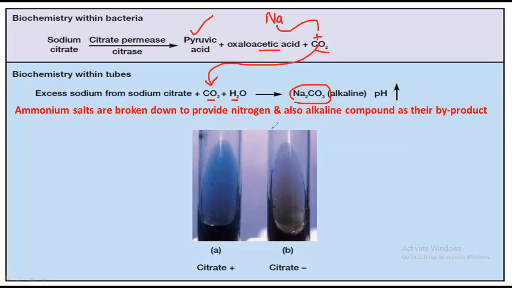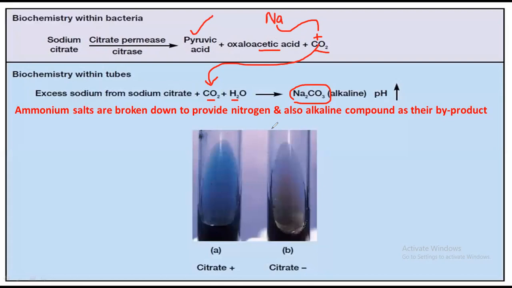Another thing is that the ammonium salts that were used as a nitrogenous source will also be metabolized, in order to give nitrogen to the microorganism and to manufacture different nitrogenous compounds like amino acids and nitrogenous bases. They will use the nitrogen source, and different byproducts that have a basic nature will also form.